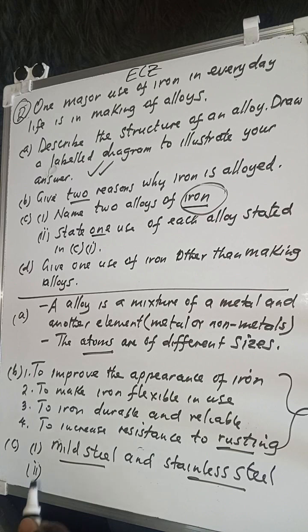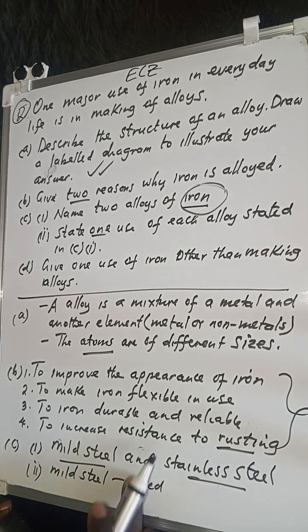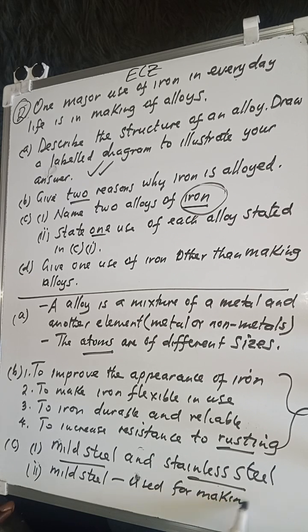Then C2 says state 1 use of each alloy stated. For example, if I talked about mild steel, what is the use of mild steel? Remember what we said, you can fall back, used. So mild steel can be used for making bridges.